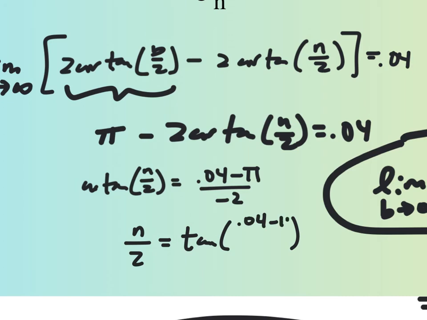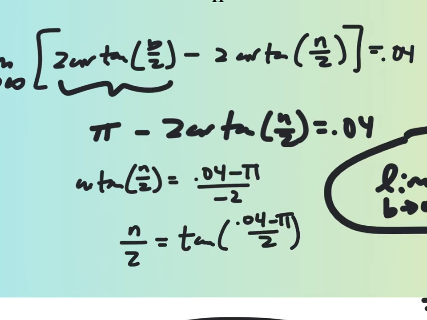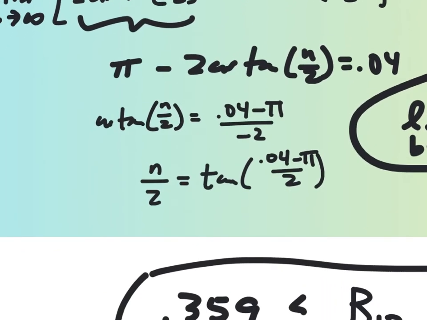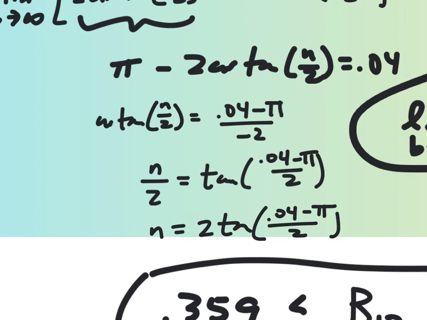Multiply that by 2 and we'd have n, approximately. So 2 times the tangent of 0.04 minus pi over -2. That should get us our n value.